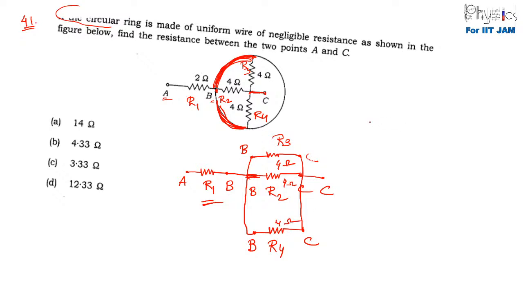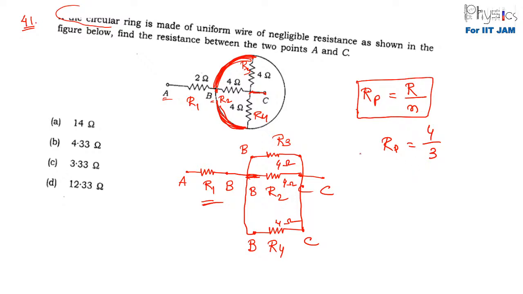So we know that for resistances in parallel, if the values are equal, then the equivalent resistance is R by N, right? So here Rp is equal to 4 by 3, because the number of resistances is 3 and their values are 4 ohm each, right?